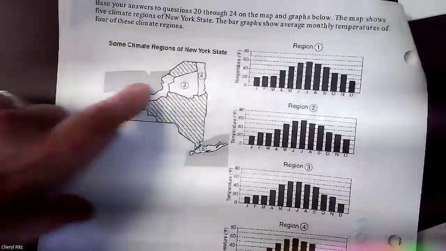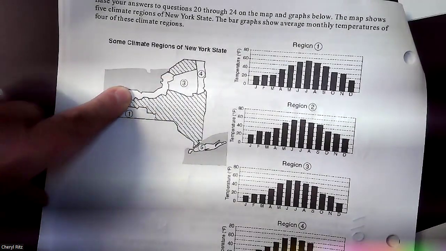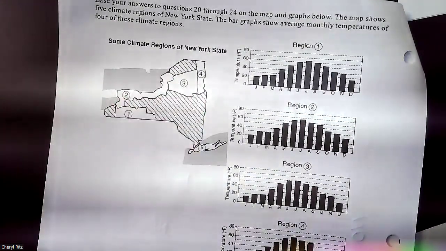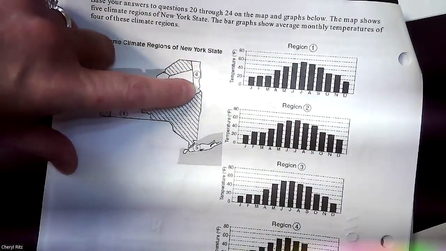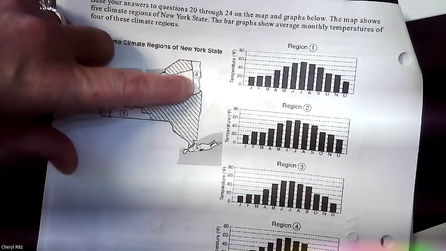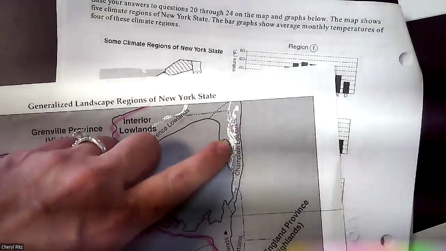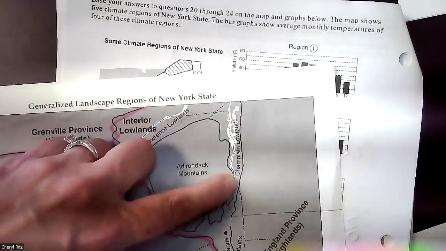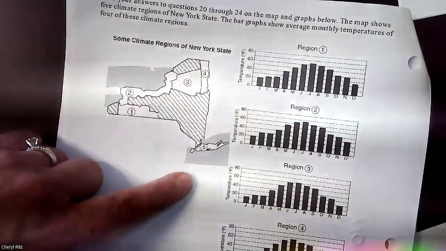The second climate region is this area surrounding Lake Ontario. Number 3, if you don't remember where that is, that's the Adirondack Mountains. This area over on the eastern part of New York State, that's over here. Yes, it's got this little bit of water here, but we're not talking about a huge body of water like an ocean or a huge lake.